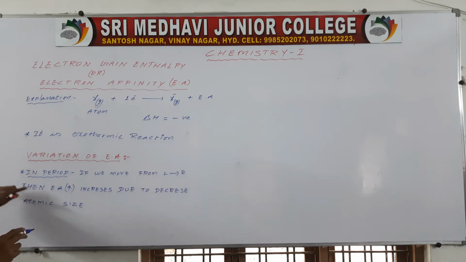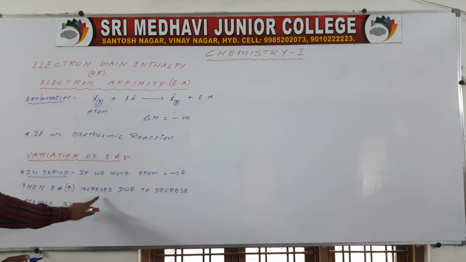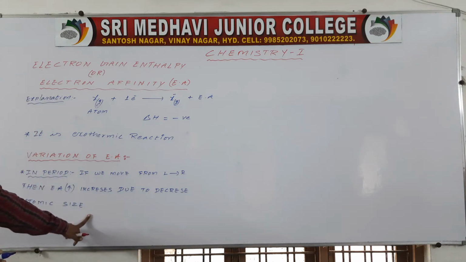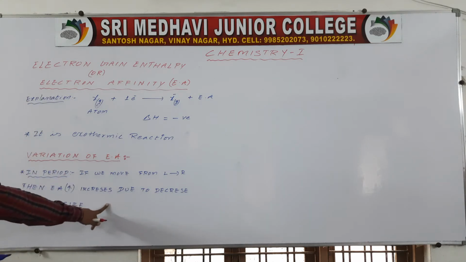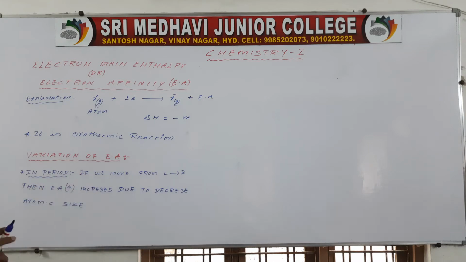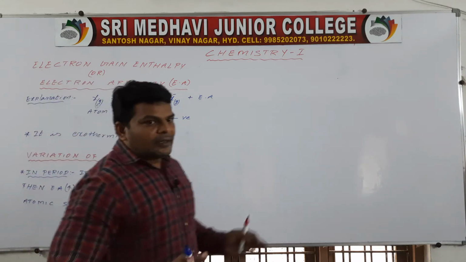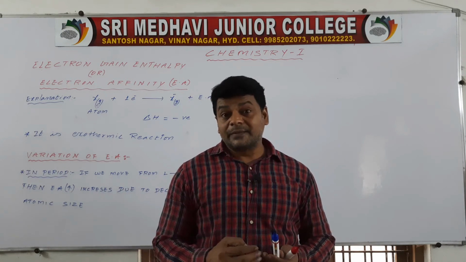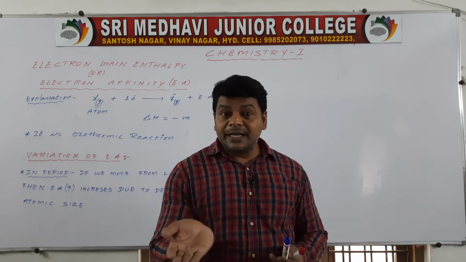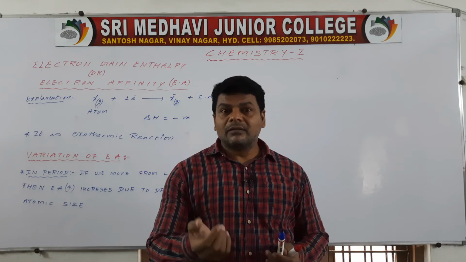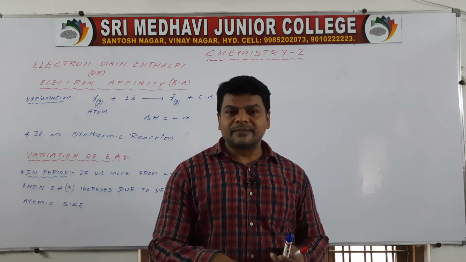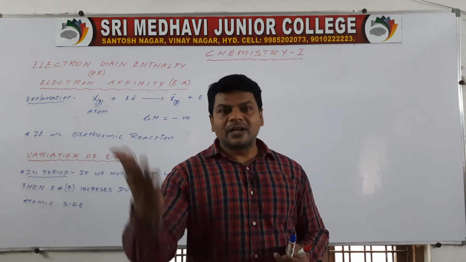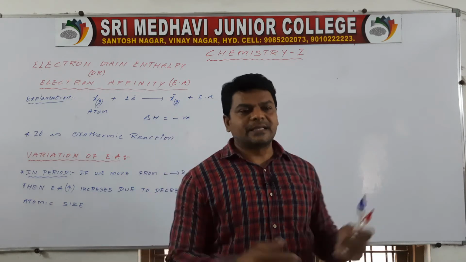Electron affinity increases due to decrease in atomic size. Periods, we move from left to right. So when atomic size decreases, electron gain enthalpy increases.